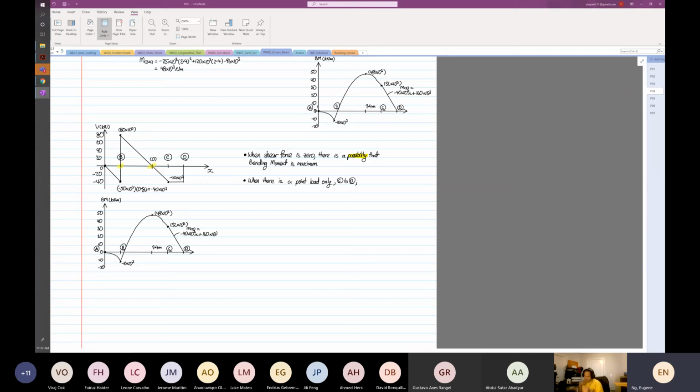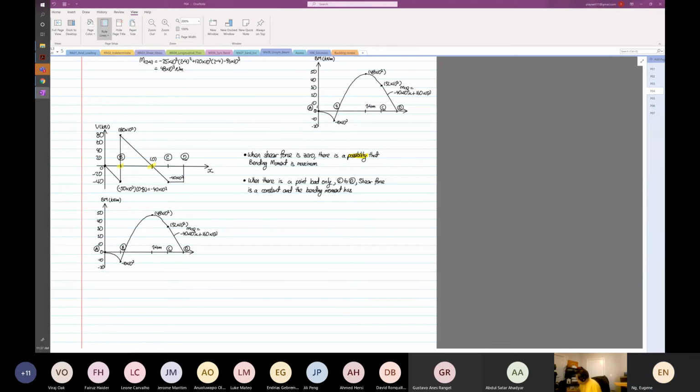So what do you realize about point load distribution is this: the shear force is a constant, and the bending moment has a gradient.